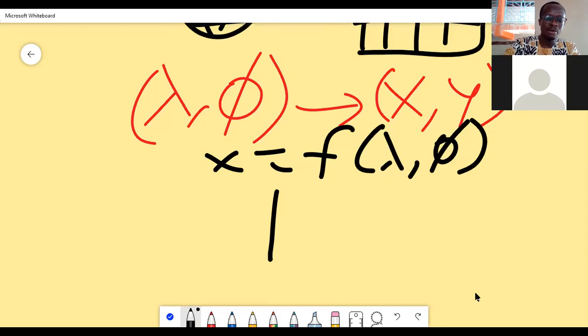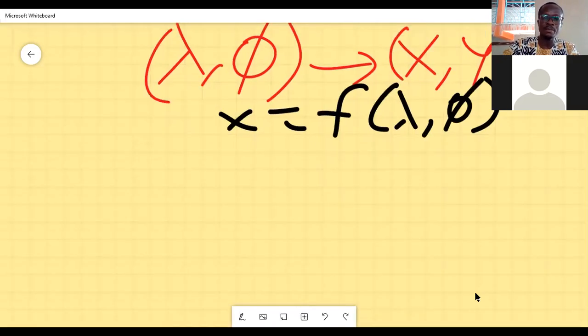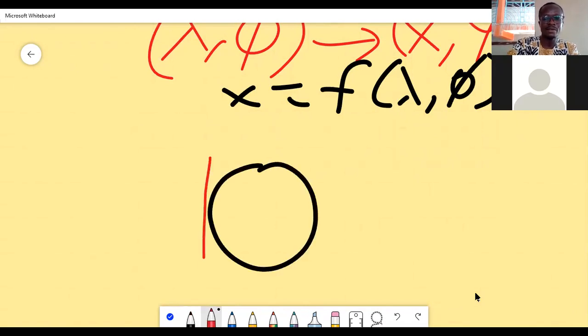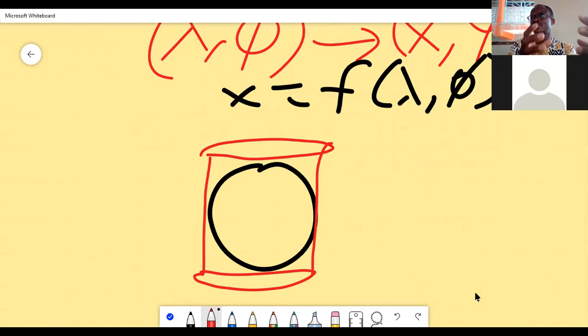There are different ways of converting from longitude and latitude to flat coordinates. People have come up with all sorts of ideas. One of them was to make use of a developable surface, such as a cylinder. So we have the Earth as a round surface, and then we fit it with a cylinder. This is a mathematical process. This is not like we are fitting a cylinder to the Earth.